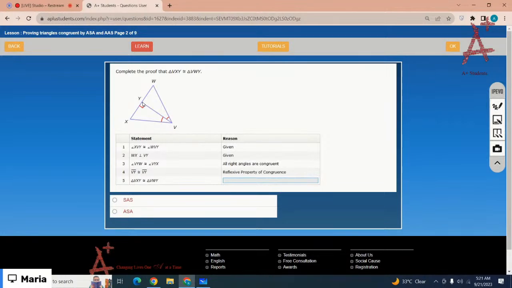So that means angle VYX is congruent to VYW because they both are perpendicular angles, right? So that would be angle, side, and that would be angle, side, and angle.